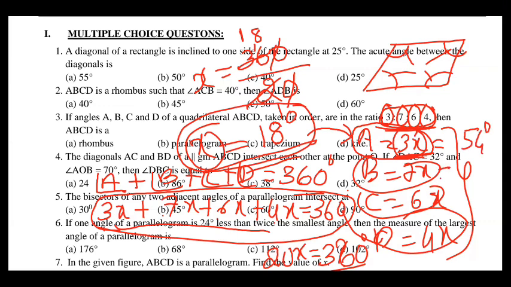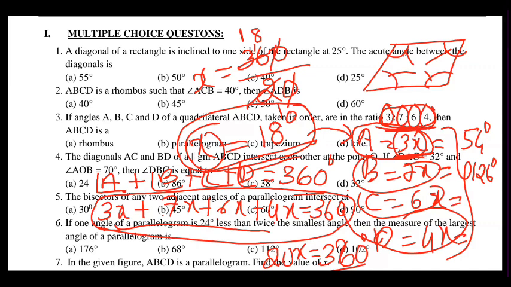Angle B कितना रहेगा? 7 into 18. What is 7 into 18? 126. Yes. 126. Excellent.